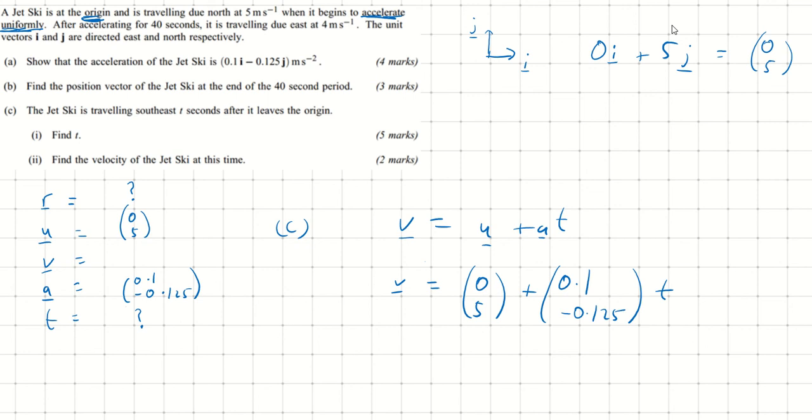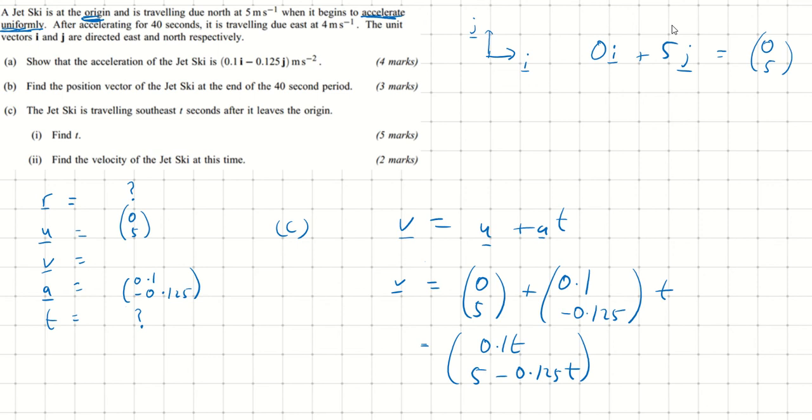If we actually combine these two vectors, the top component 0 plus 0.1t is 0.1t, and the bottom component 5 minus 0 is 5 minus 0.125t. So this is my velocity at time t. It's given by 0.1t in the i direction and 5 minus 0.125t in the j direction.